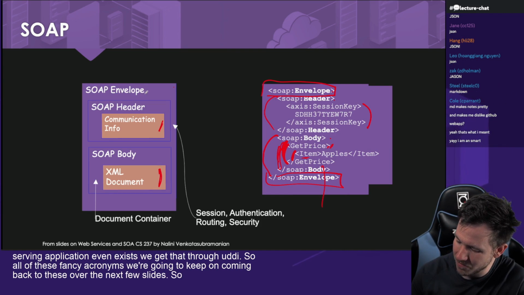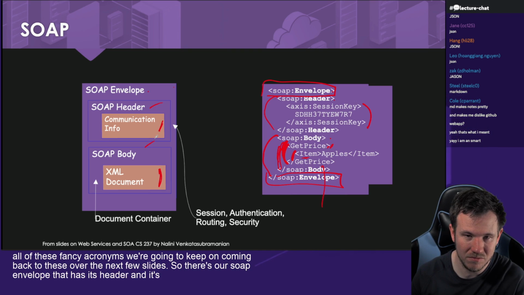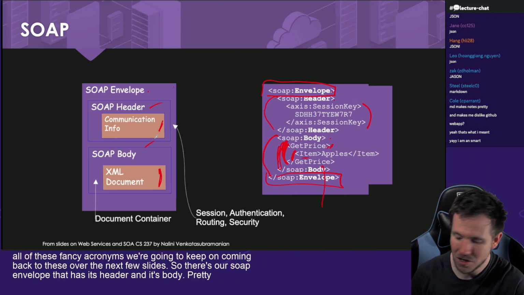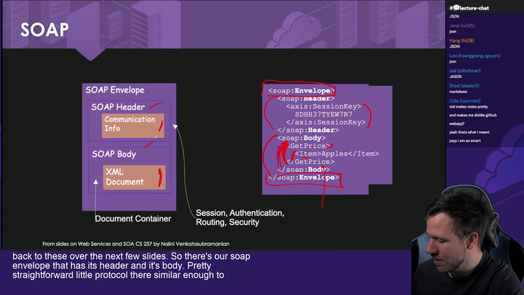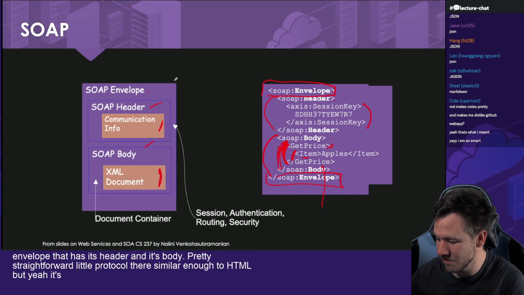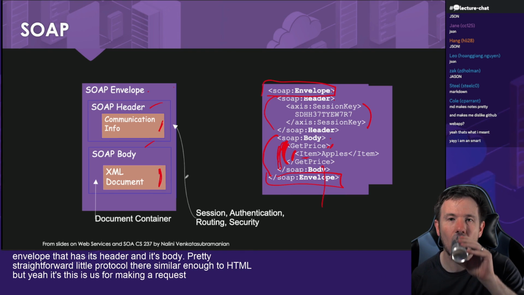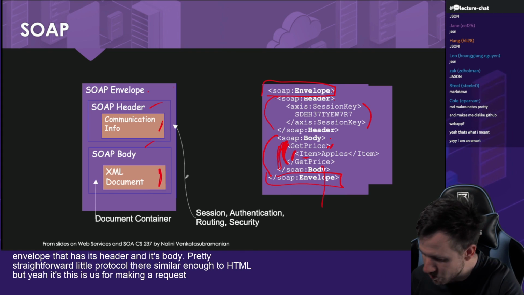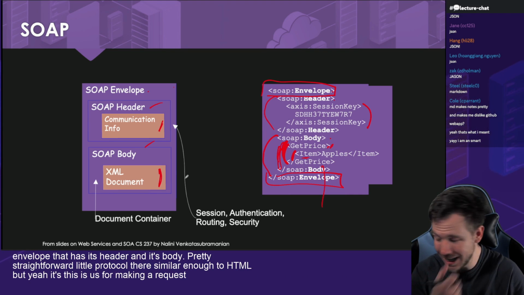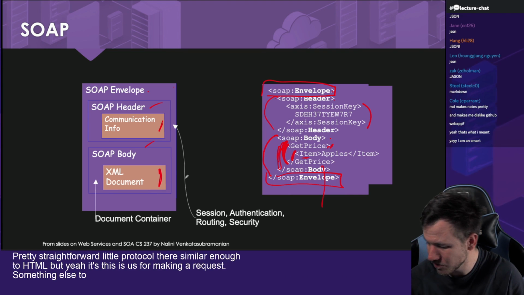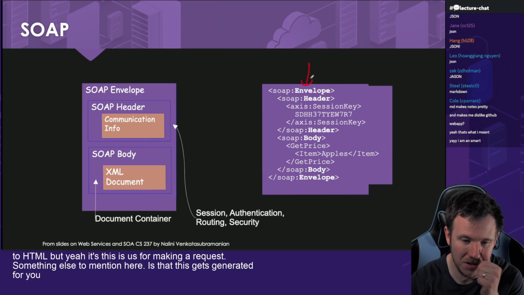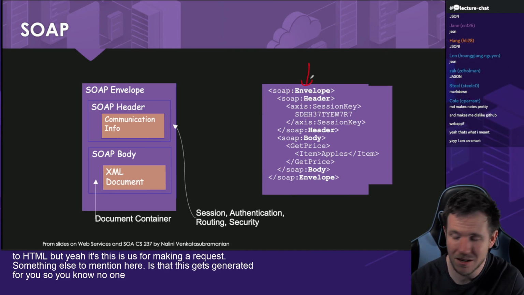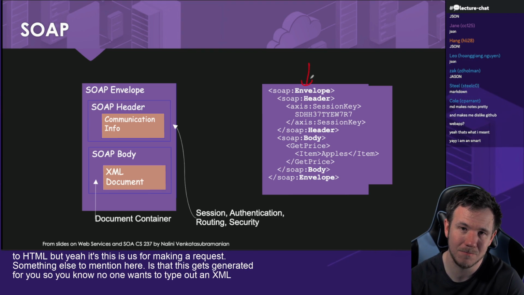So there's our SOAP envelope that has its header and its body. Pretty straightforward little protocol there. Similar enough to HTML, but this is us making a request. Something else to mention here is that this gets generated for you. No one wants to type out an XML file like this.